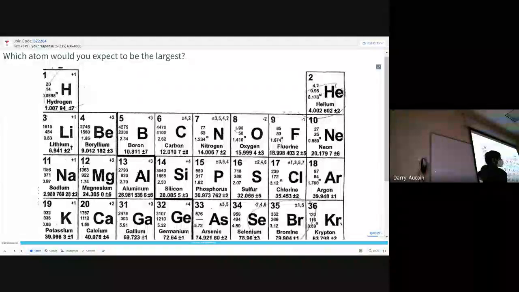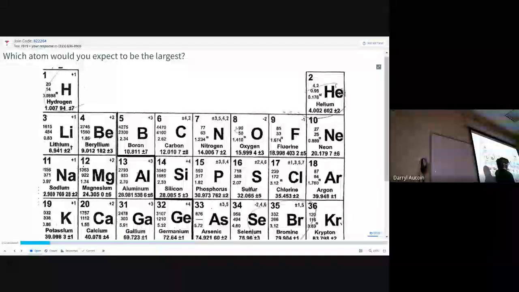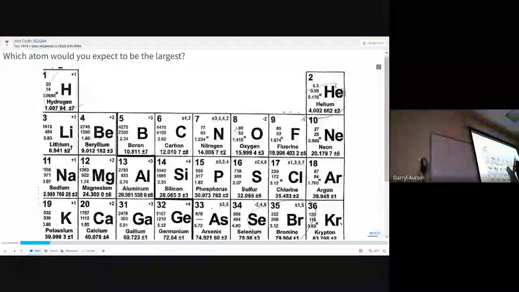In this case, potassium is the biggest, right? We go down this column and say that carbon's small, silicon's bigger, germanium's the biggest. But then as we go this way, big, medium, big, huge, and then small.